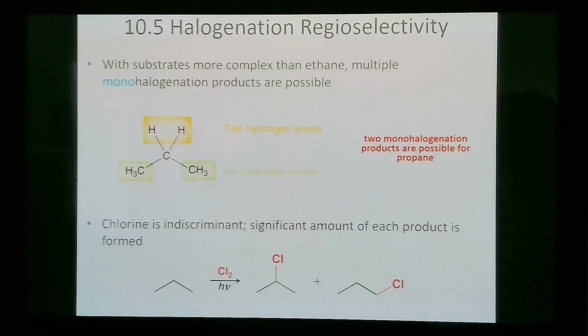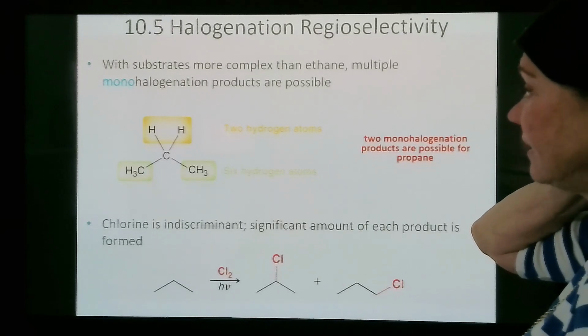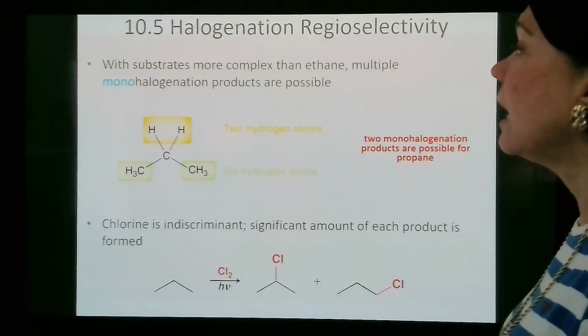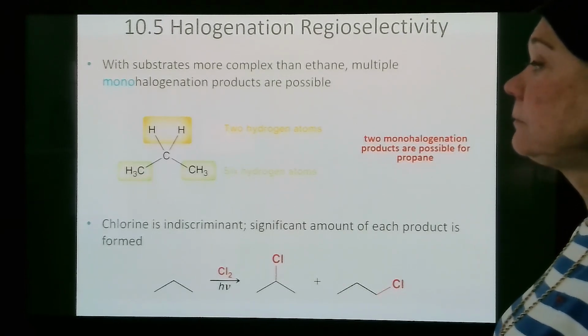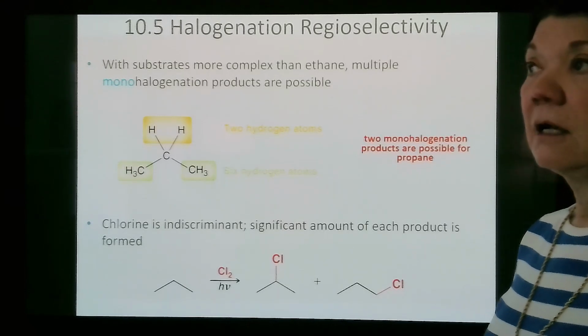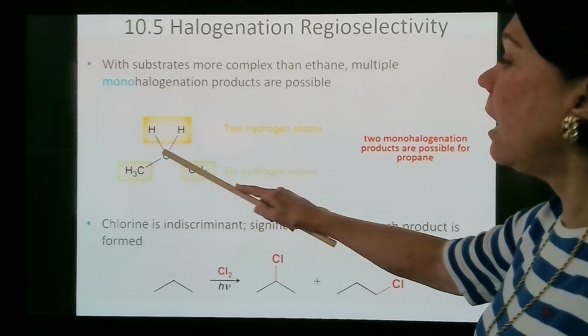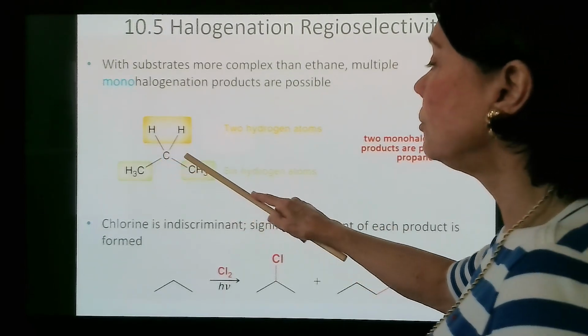Now, this is what is meant by the regioselectivity. This is how it's going to manifest itself. So let's look at substrates that are more complex than, say, methane or ethane, where you've got a possibility of different types of carbon.